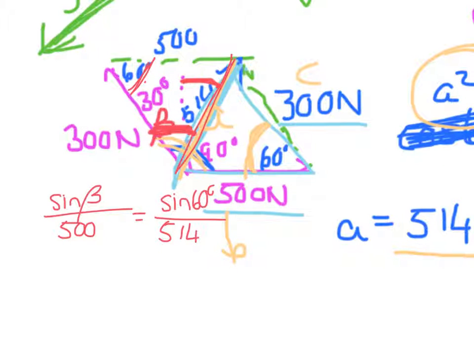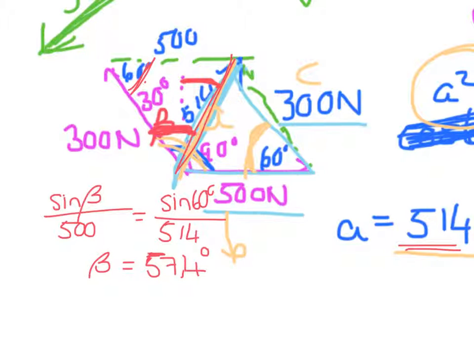Then what we're going to do is calculate that out. And we find that beta turns out to be 57,4 degrees. If you're not getting that answer, and actually I should have carried across my complete answer over here, there might be a little bit of a rounding error. Double check with your calculator that you can get that answer.